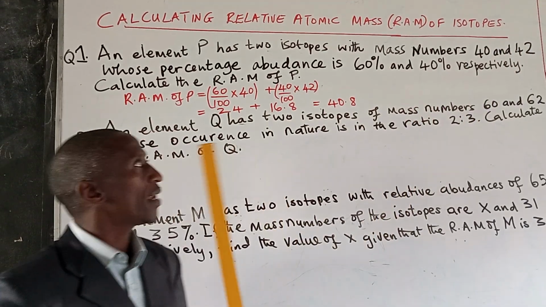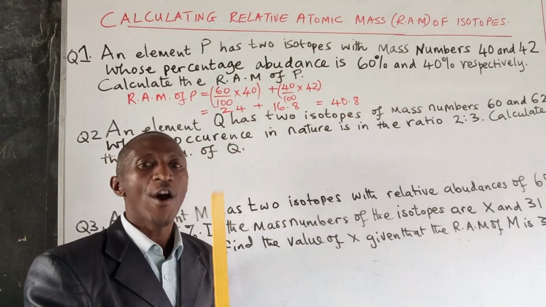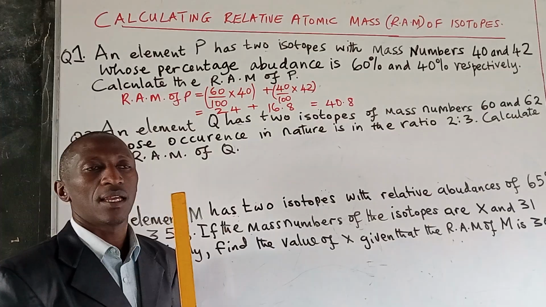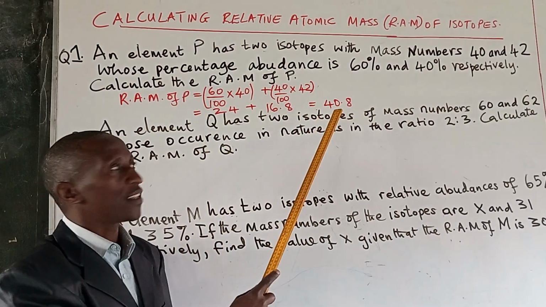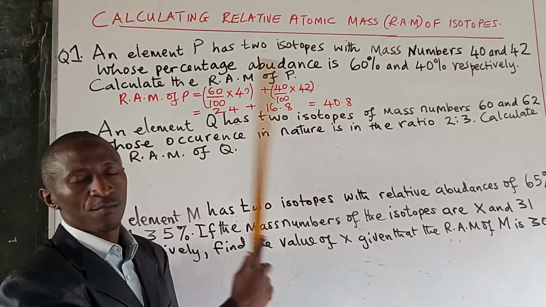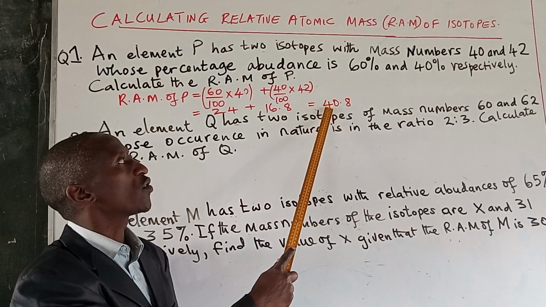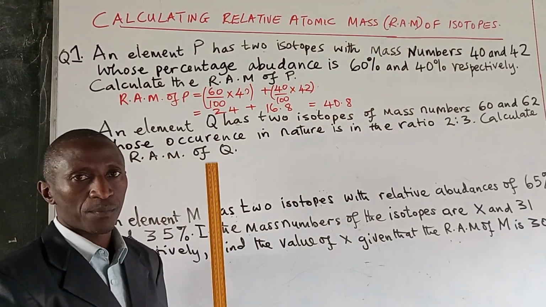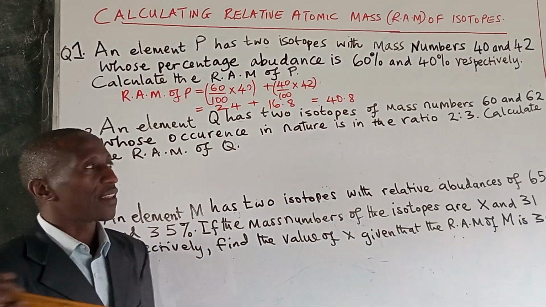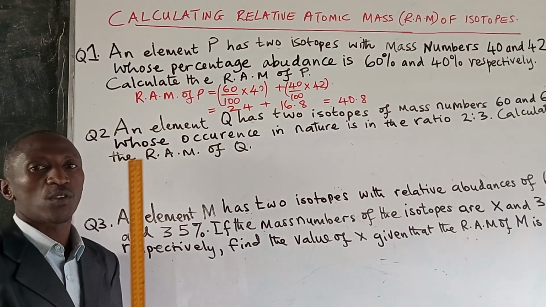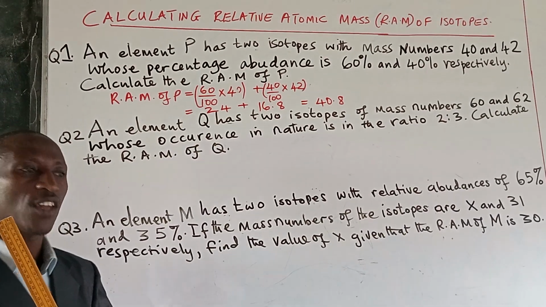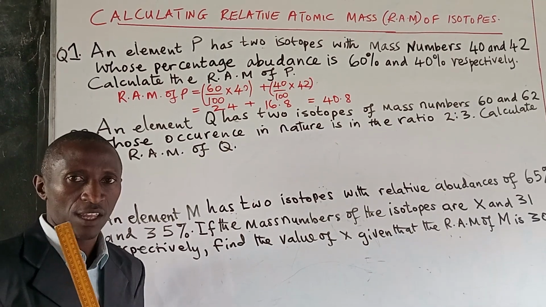So the isotope that occurs more in nature, that is with a higher percentage, takes the day, in the sense that the RAM of that element is closer to its mass number. Viewers, that computation is very close to the one we have just highlighted on chlorine 35 and chlorine 37.